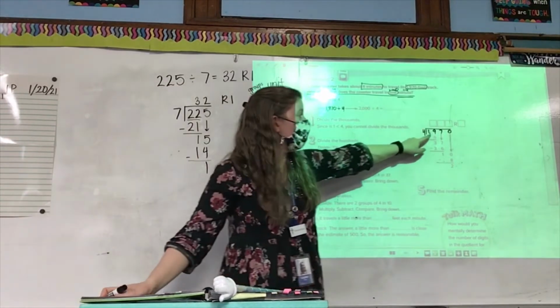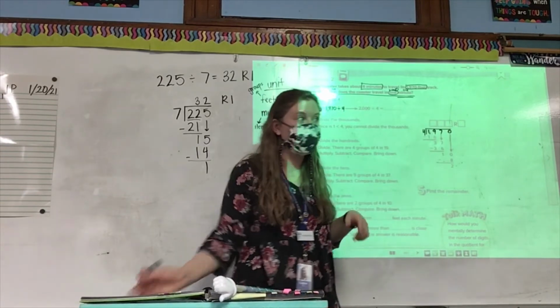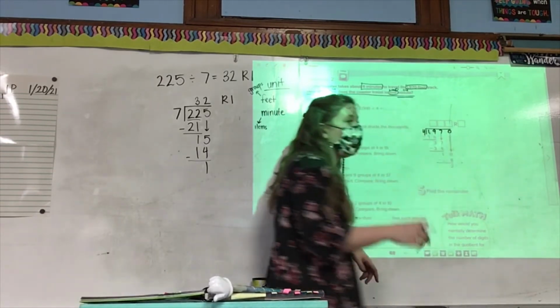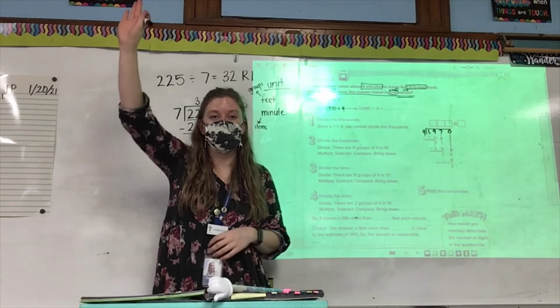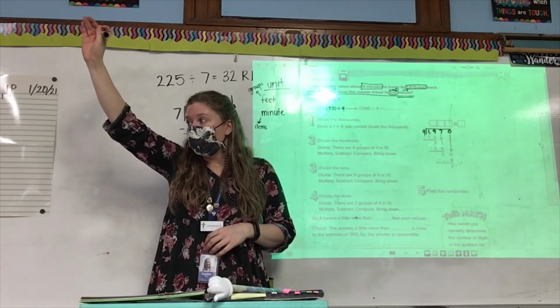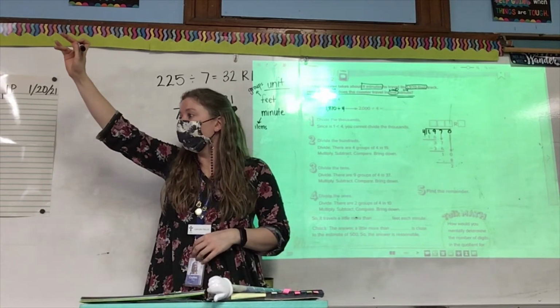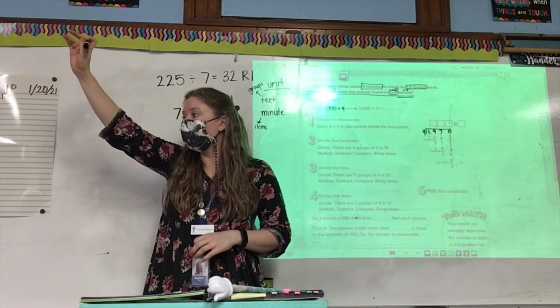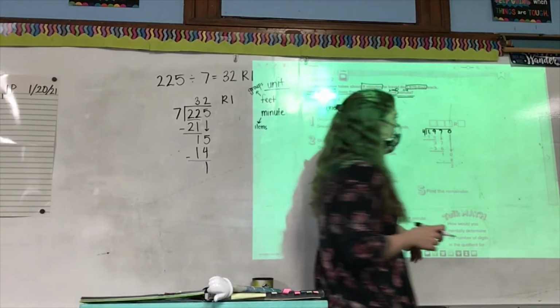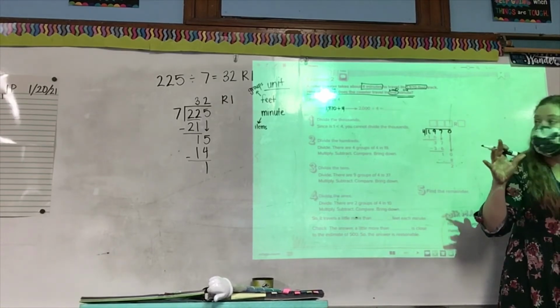Whatever unit goes with the dividend, that's going to be the items, because the dividend always represents the total number of what? Aaron. Total number of items. So whatever unit goes with the dividend, that's going to be the items.